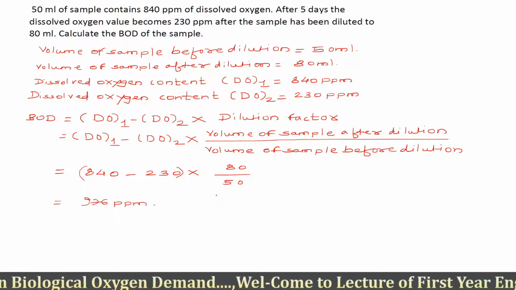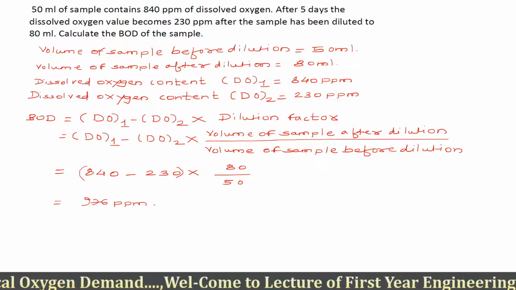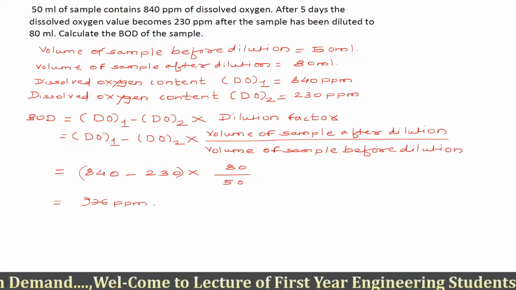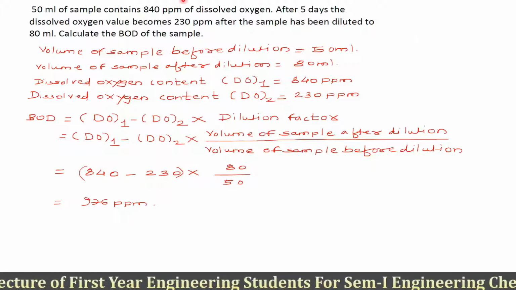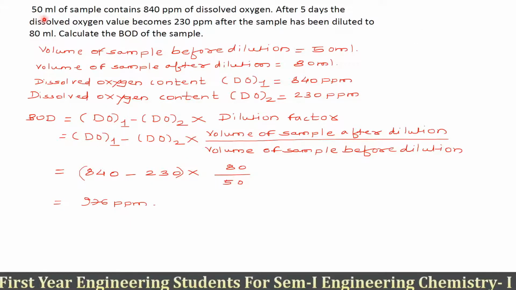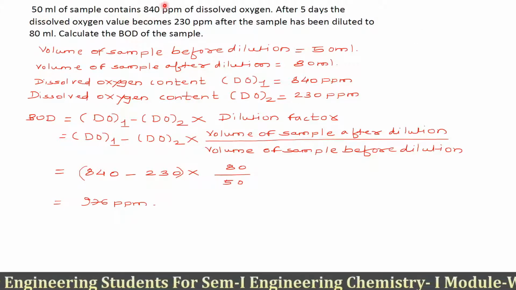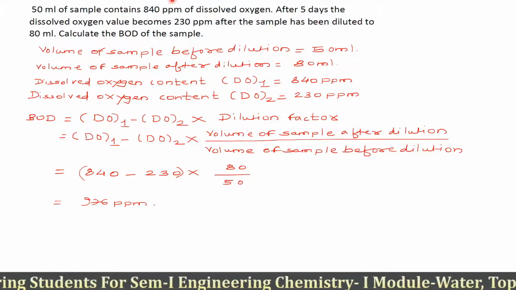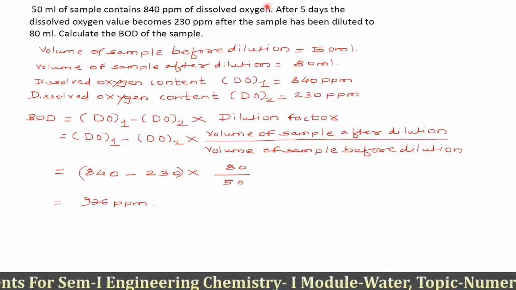So this is our first numerical. In it, 50 ml of sample contains 840 parts per million of dissolved oxygen.